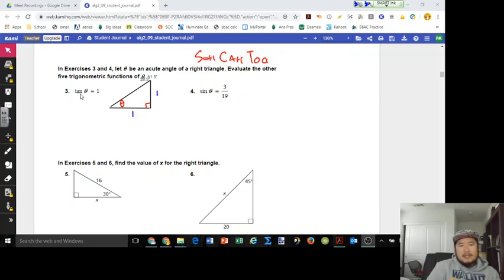And if I were to set this up and say tangent theta is equal to 1 over 1, that does happen to equal what we have right here. And so if we put the pieces together, what type of triangle is this? Well, if these two sides are congruent, it's another 45, 45, 90-degree right triangle.